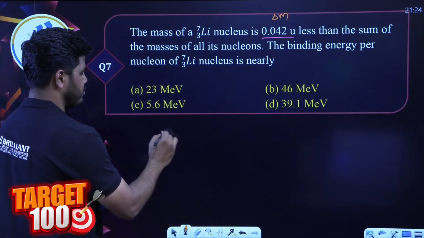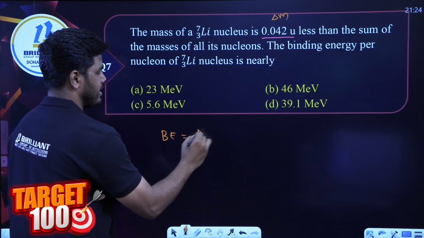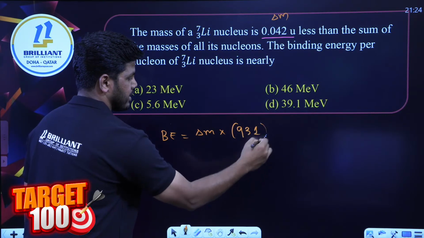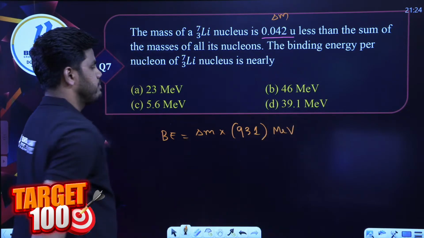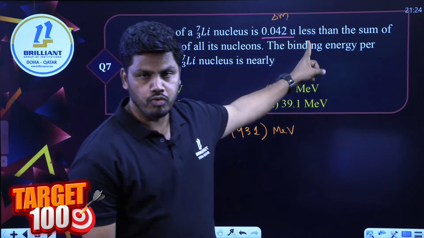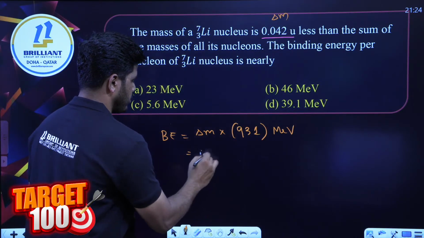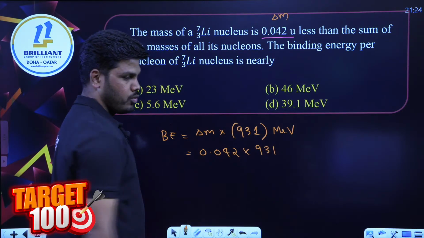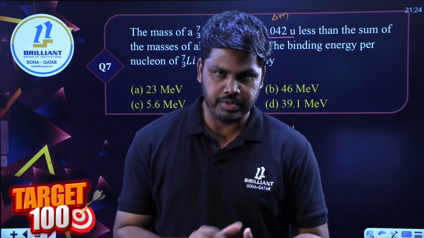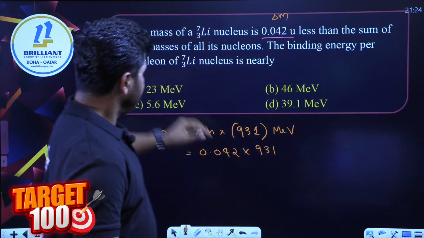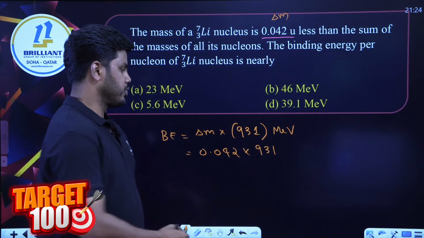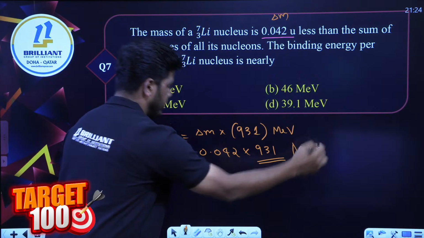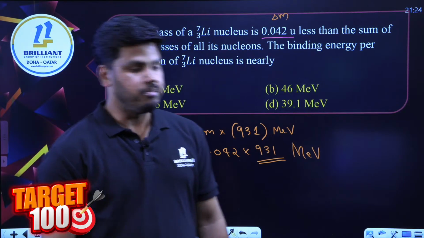Binding energy is delta M into the energy equivalent of one atomic mass unit, 931 MeV. So multiply 0.042 into 931. Why 931? If delta M, the mass defect, is given in atomic mass unit, you can simply multiply with 931, and your binding energy will be obtained in MeV.